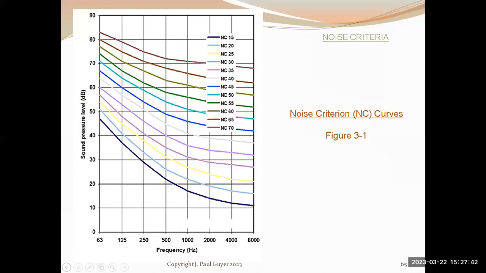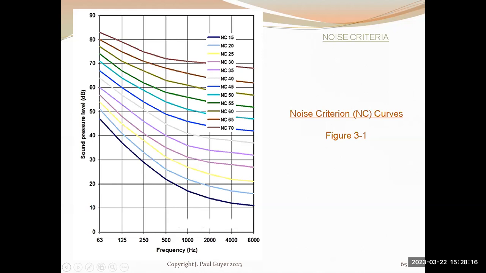A noisy environment would be represented by the NC70 curve up at the top. And what you do in designing your structure is you select the NC curve that you want for people, occupants in your building to be exposed to.